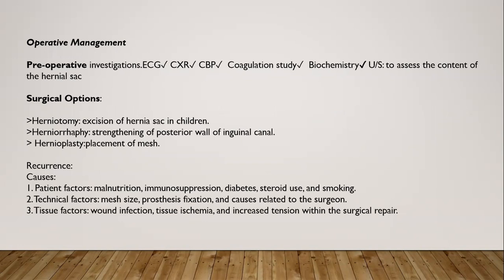So how do you manage him? Management, you have pre-operative care before you do the operation, and then you've got surgical options such as herniotomy, which involves the cutting of the sac, specifically in children.